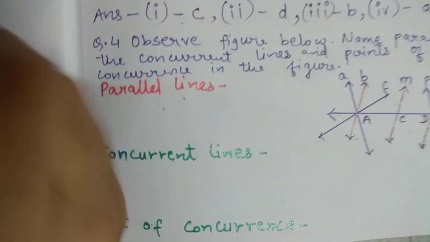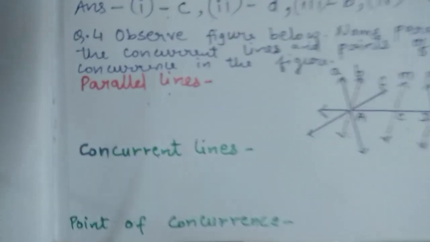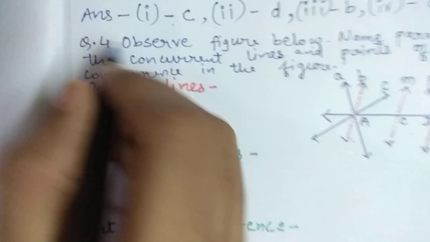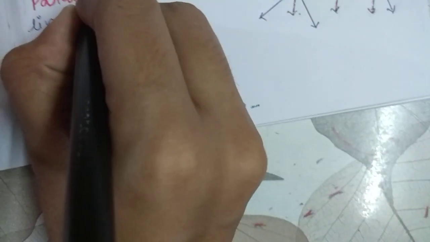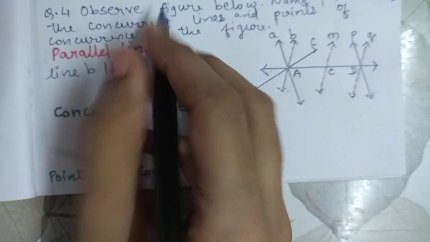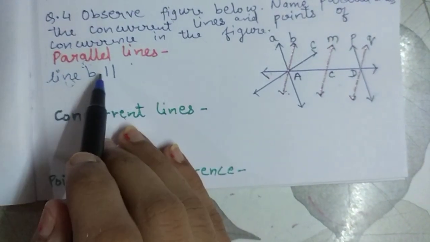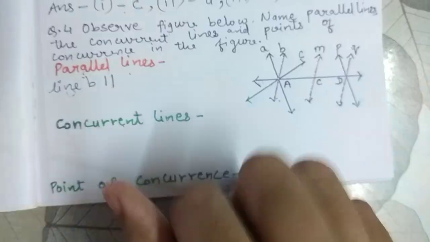Now how to write? I have already shown symbol of parallel line. So we will write line B is parallel to. How we will read? Line B is parallel to line M.